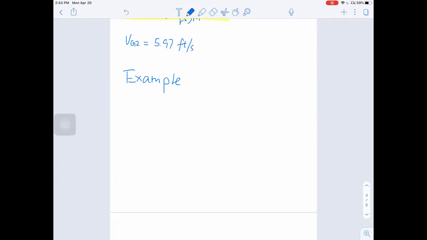Let's look at example 5b2. In this example, instead of just having a disk with one radius, we have a disk with an inner radius and an outer radius resting on this slope. That's a very bad drawing, I'm sorry about that.